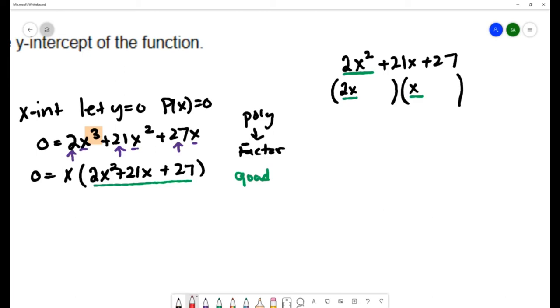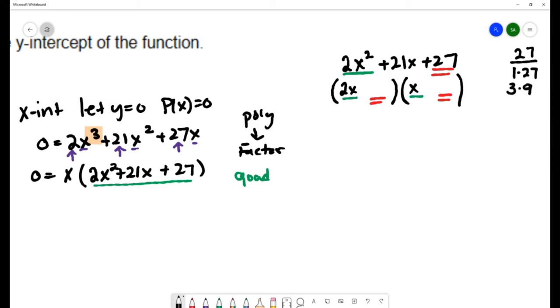Now the numbers that go in the back need to multiply to be this last term here. We're not quite as lucky here because 27 has more factors. So let's write down the factors of 27. 27 is 1 times 27, or 3 times 9.